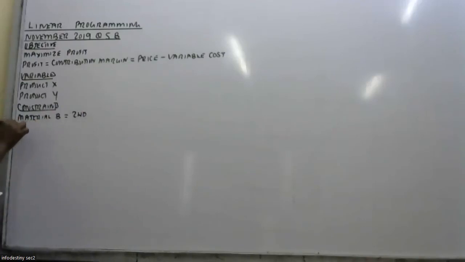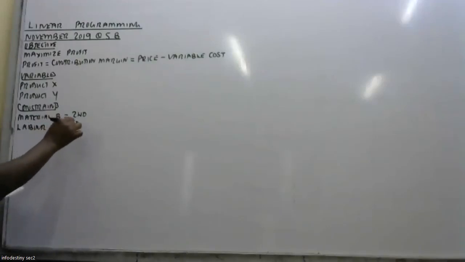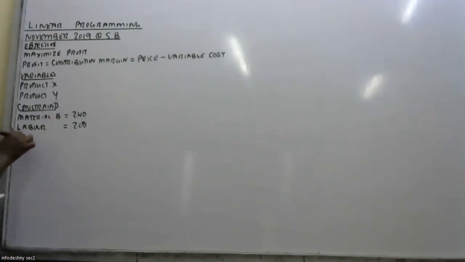Then there is rubber, which is 200. Then we have packaging, which is 100. You can see that, eh? Okay. So if you have that, then we go to formulation.